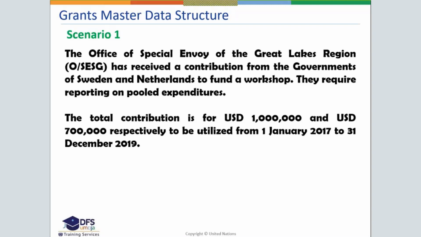The total contributions are USD 1 million and USD 700,000 respectively, to be utilized from 1 January to 31 December 2019. So now we have our scenario, our agreement, and we have to track all of it in our system to be able to report properly.